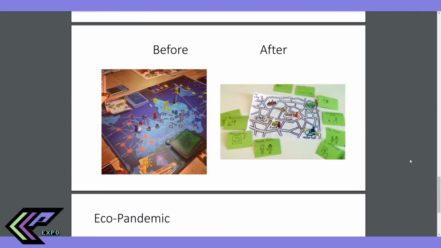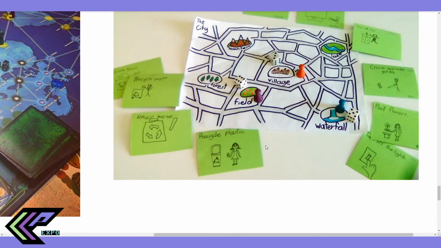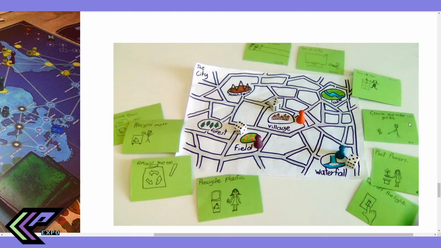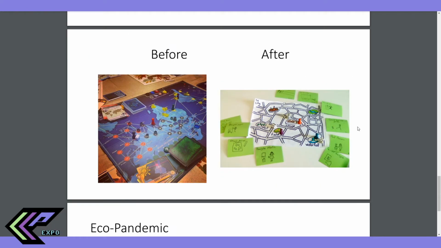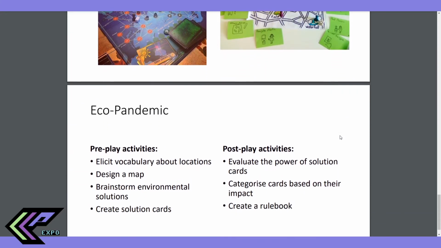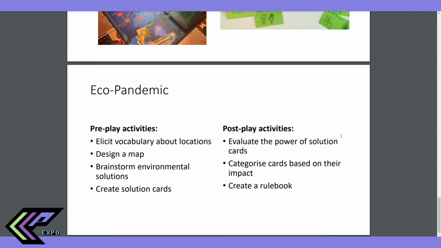We also brainstormed together problem-solving cards for each location. What would you do to relieve environmental pollution from the river or from the city? They created lots of cards, and then we had the dice to determine the pollution. So this is what we came up with in the classroom.